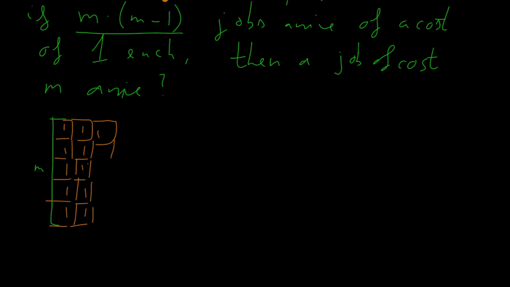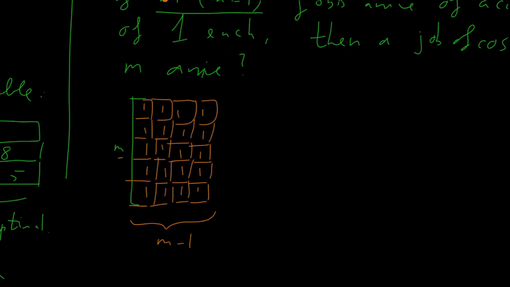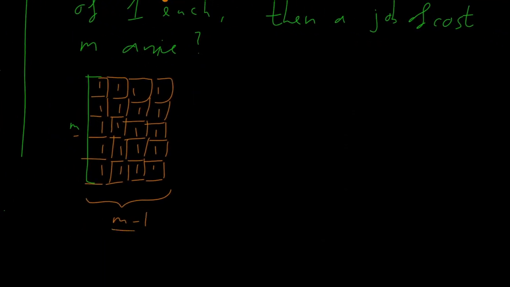If m is 5, then there will be 4 columns, but m can be arbitrary. In general, this is how it looks. Basically, I will just distribute it evenly, and since I have m times m minus 1 such jobs, it means that the width of this rectangle will be m minus 1.